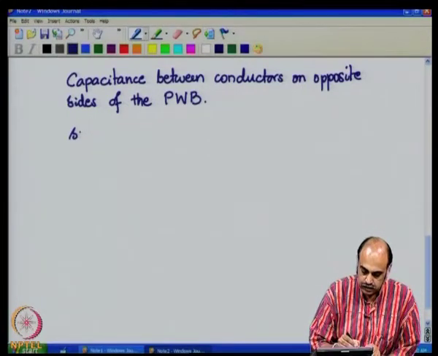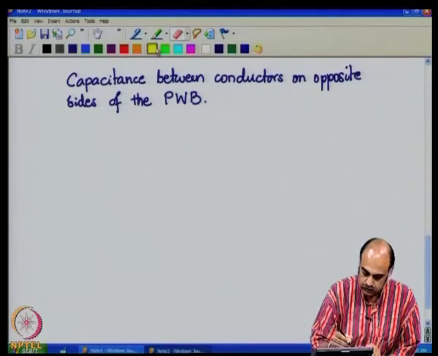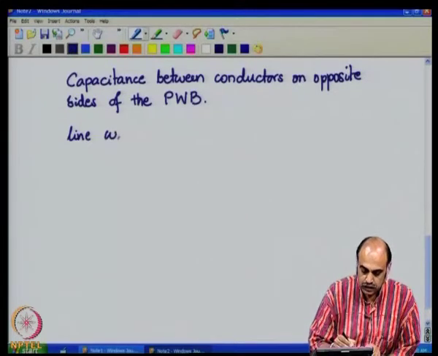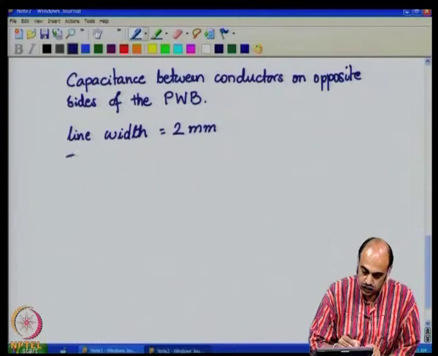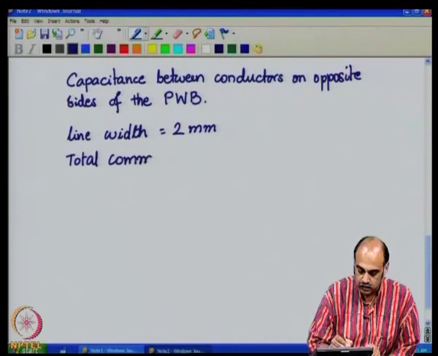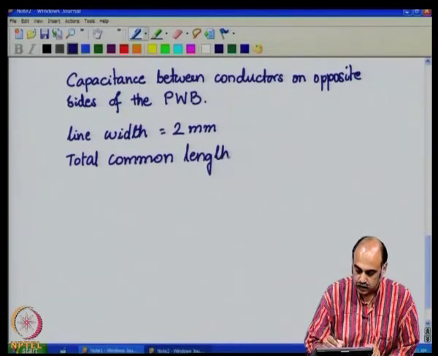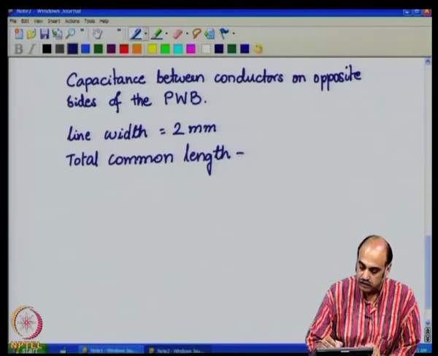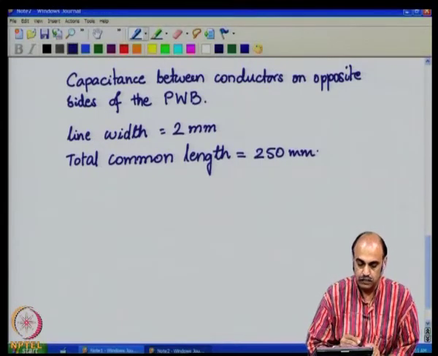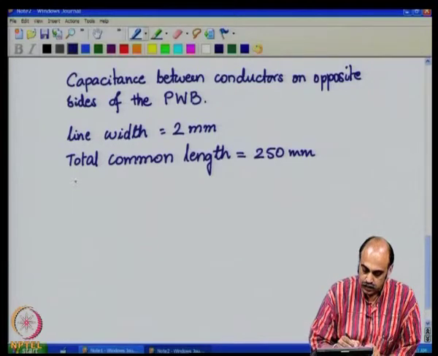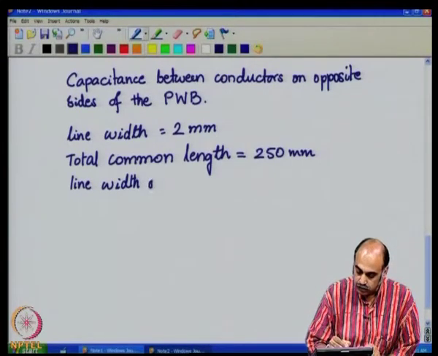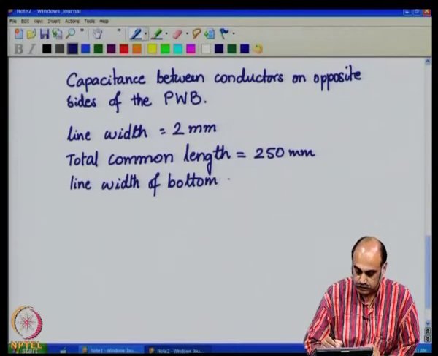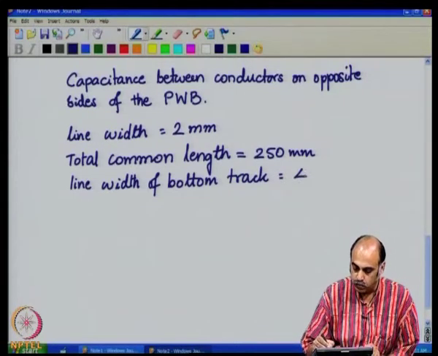Let us say the two tracks have a line width of 2 mm and a total common length, that is, the upper and the bottom track have a common length of around 250 mm as an example, and the line width of the bottom track is 4 mm.